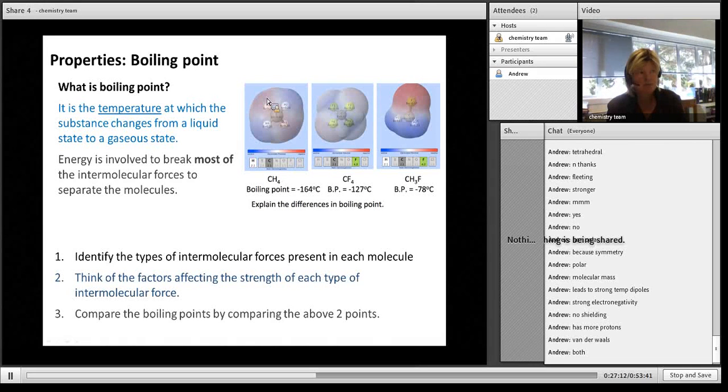So if it's non-polar, what have we got here in methane? You can just say TD for temporary dipole, or PD for permanent dipole. What would I have in methane? Which type?